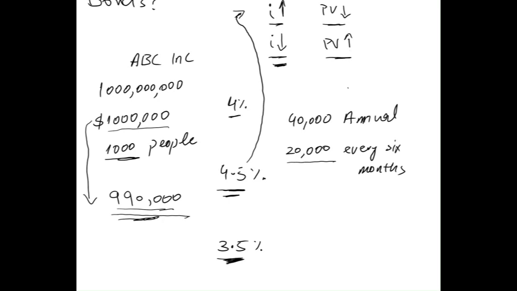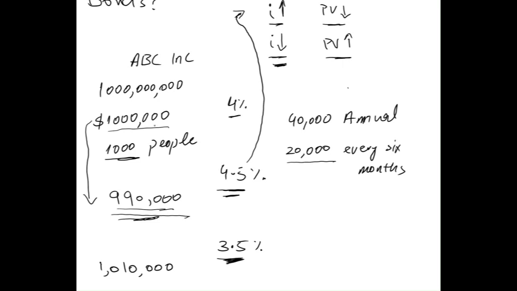And when it does that, we know when the rates go down, the present values increase. So this bond, which is the $1 billion bond, which is a combination of these smaller $1 million payments, each one of these persons would have to pay more than $1 million. So let's say this comes out to be $1,010,000.